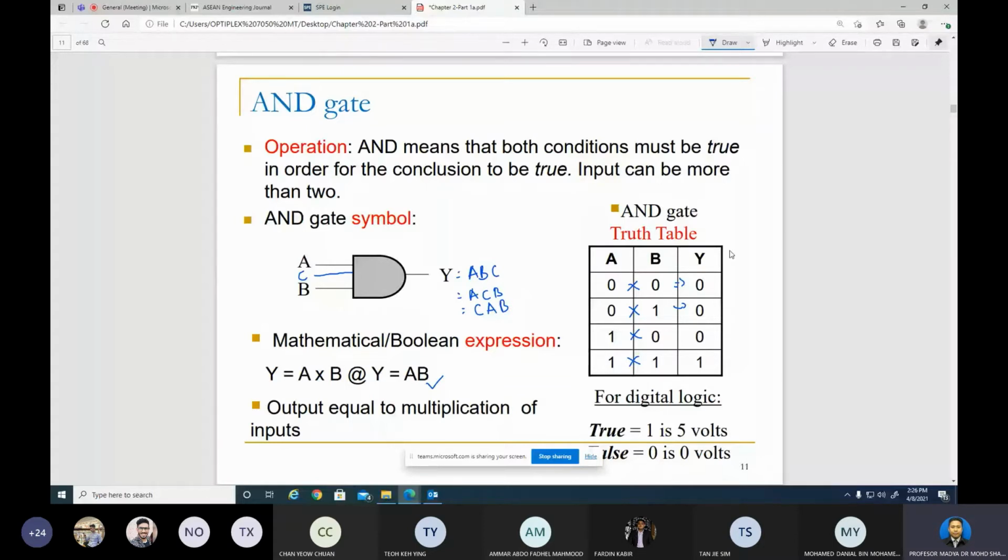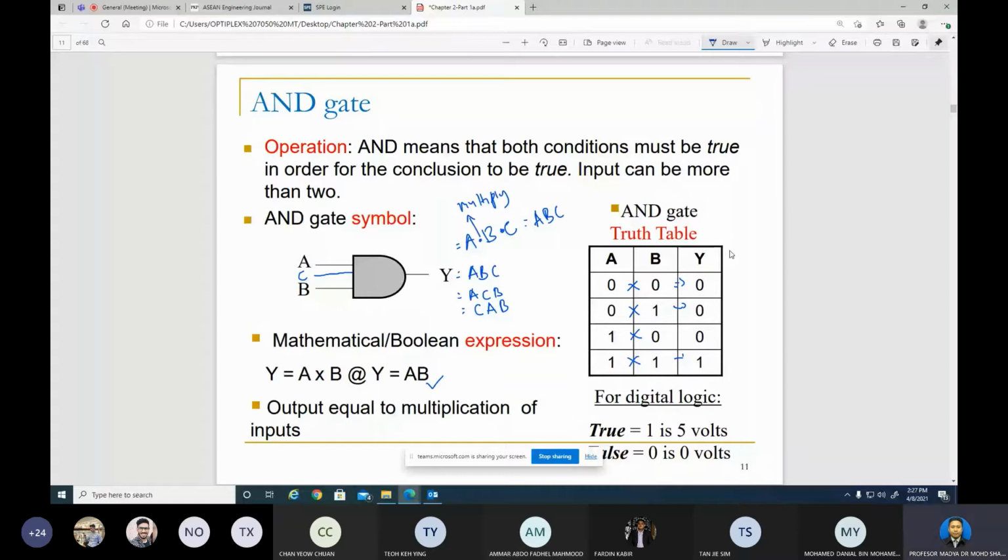You can write A dot, where the dot represents multiplication, so A dot B dot C. Normally we can ignore the dots and write A, B, C, which means A multiplied by B multiplied by C. That is the process of the truth table.